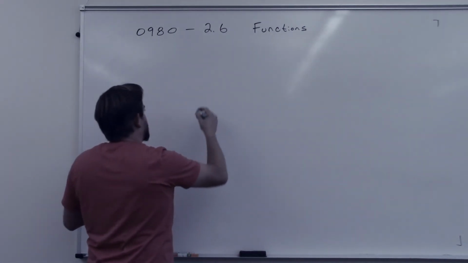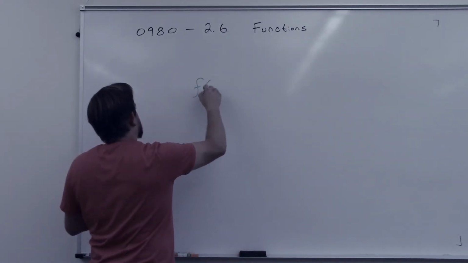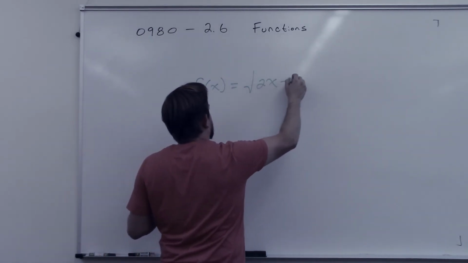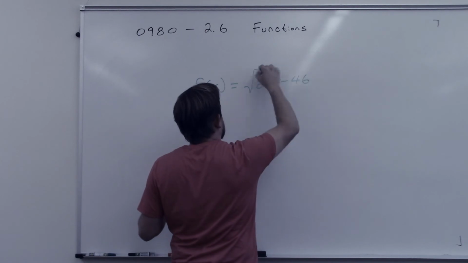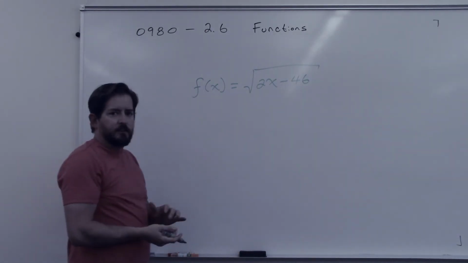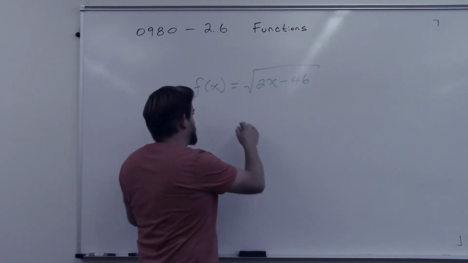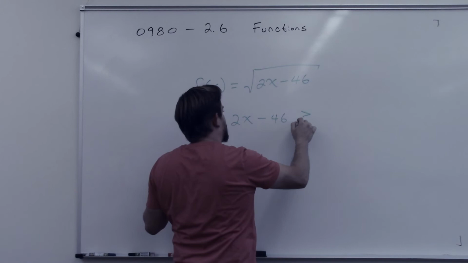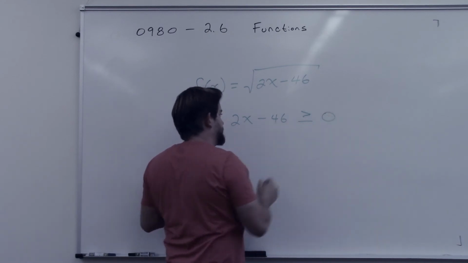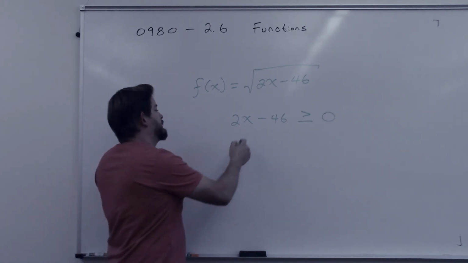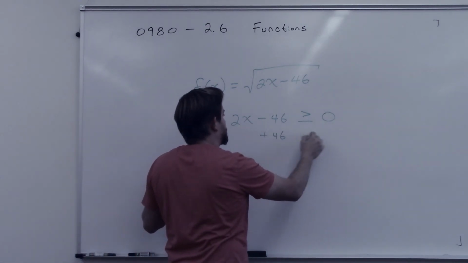They could get uglier. Let's go f of x equals the square root of 2x minus 46. Right? It's the same idea though. Whatever's under the square root, this 2x minus 46, is simply limited in that it has to be at least 0. It's greater than or equal to 0, and I just solve this inequality. So I add 46.